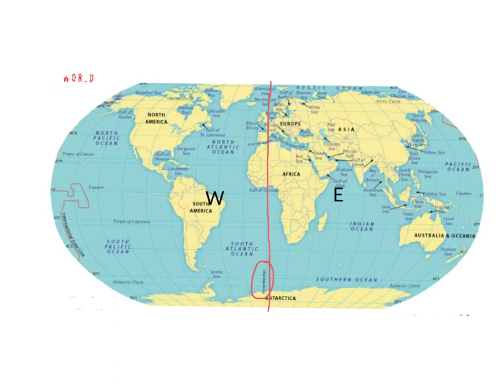So all the countries that lie to the east of the prime meridian are eastern countries, and countries lying to the west of the prime meridian, like USA, are called western countries. So accordingly, India lies to the east.